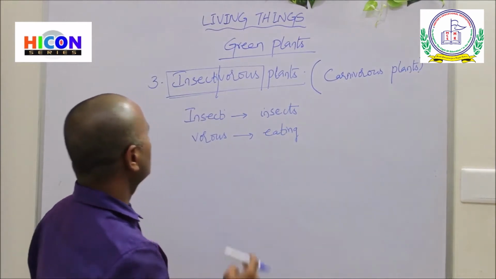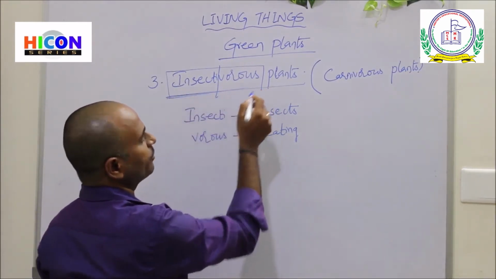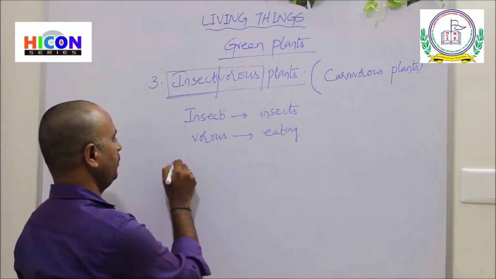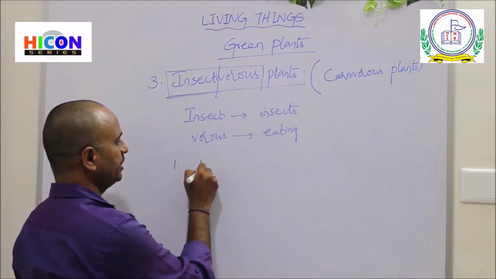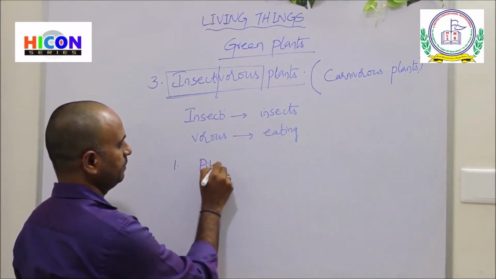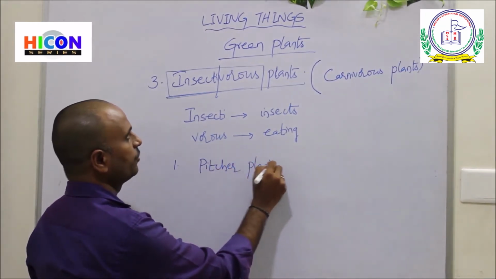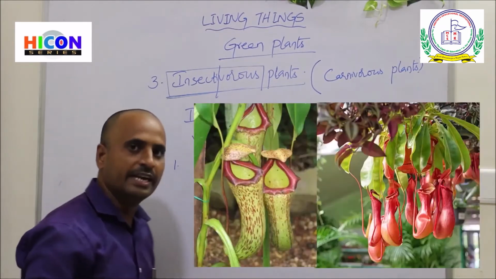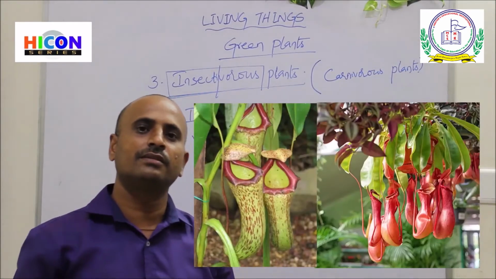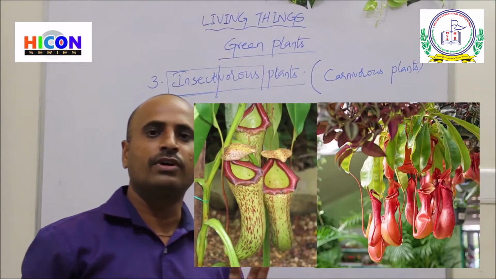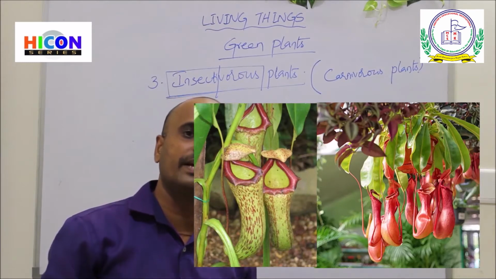The examples for insectivorous plants are, the first one, pitcher plant. Look at the picture. You are observing the image of a pitcher plant here.